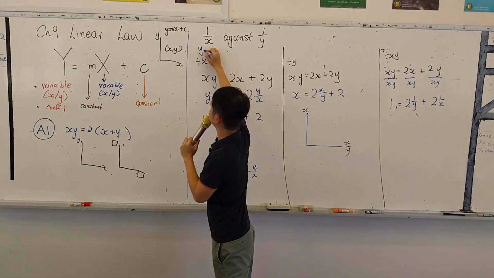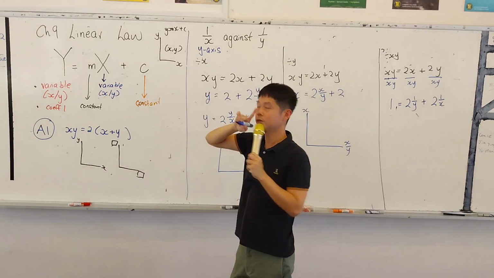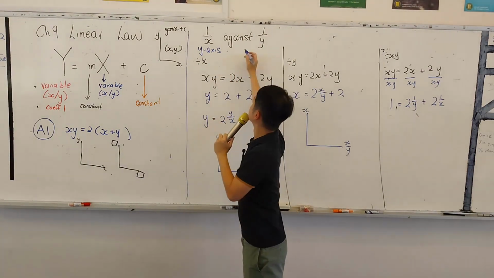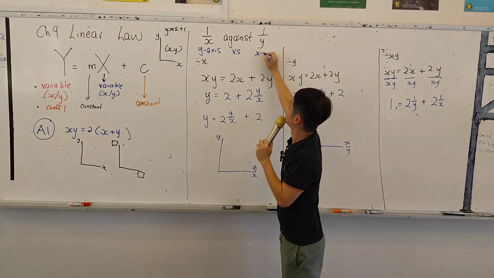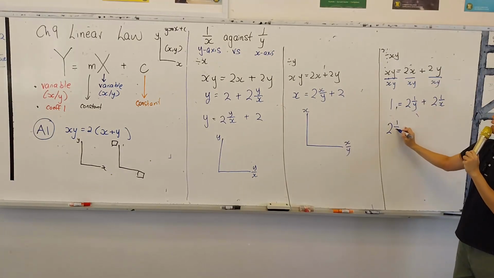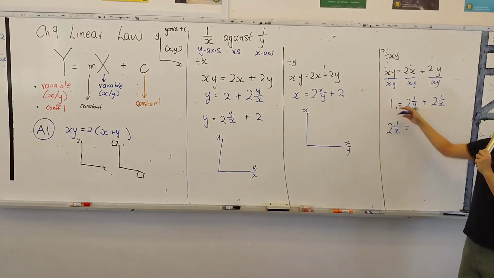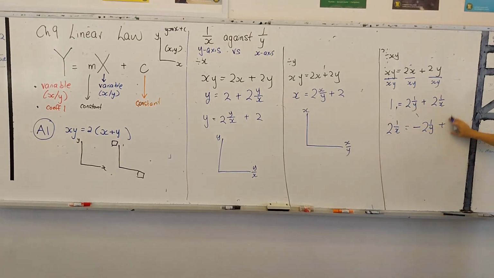So please take note, you must know, this is your y-axis. Sometimes they use the word versus. This one is your x-axis. Okay, so I will have 2, 1 over x. And this one will be negative 2, 1 over y plus 1.